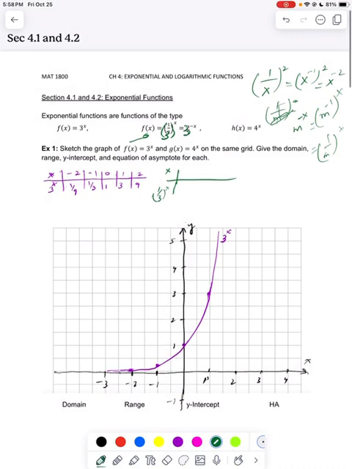So negative 2 will make the function 1 over 3 raised to negative 2, which means 3 over 1 raised to 2. I hope you remember those rules. It's equal to 9. So you will see these values get reversed.